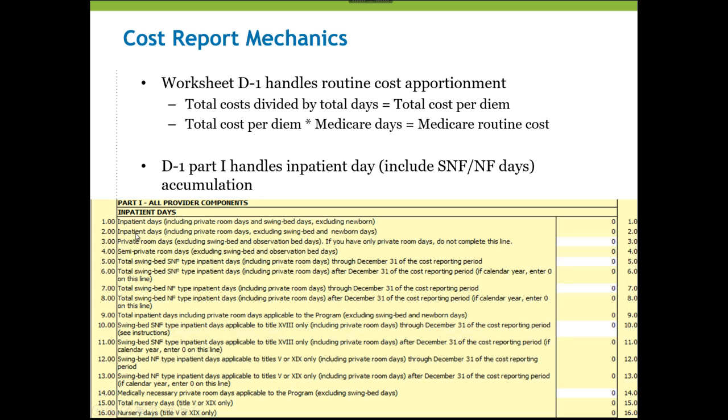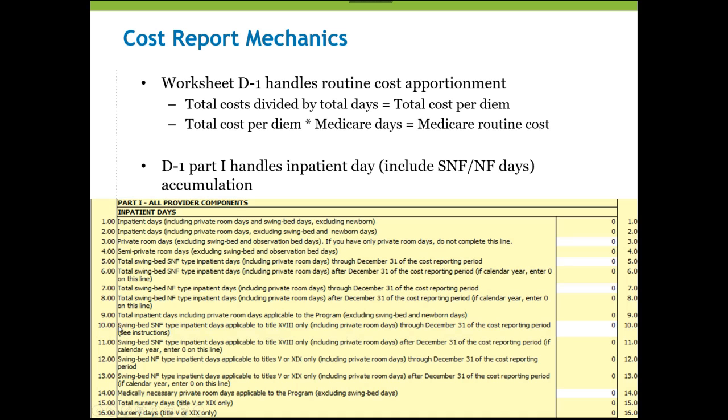So we have the inpatient days that include private room days, swing bed days, and it excludes newborn days. And then we have the private room days reported. We'll see where that comes into play in just a bit. We have the swing bed SNF days before and after 12/31. The swing bed NF days before and after 12/31.